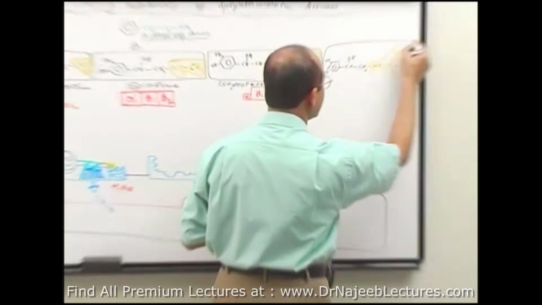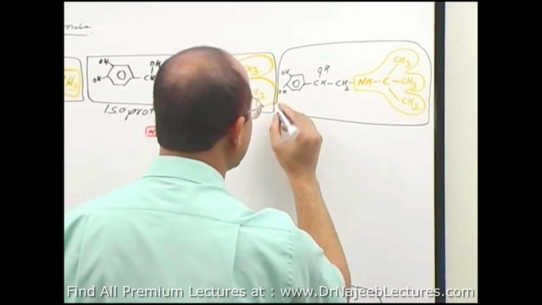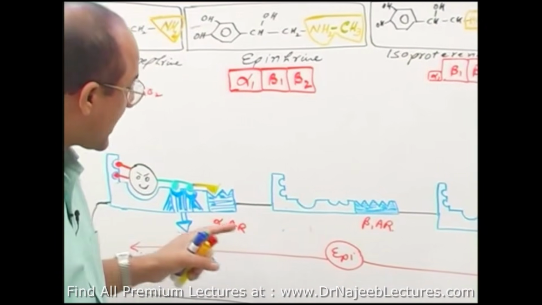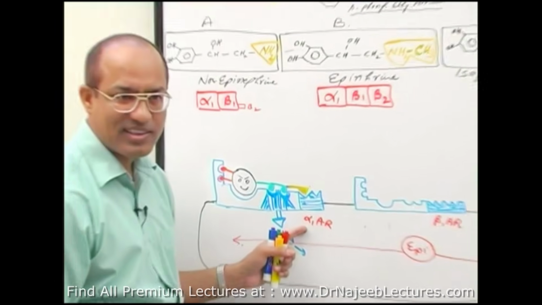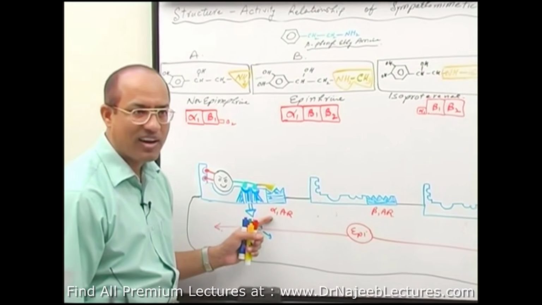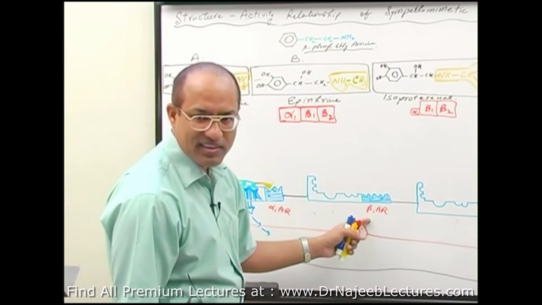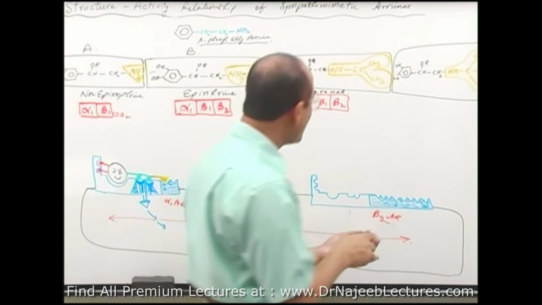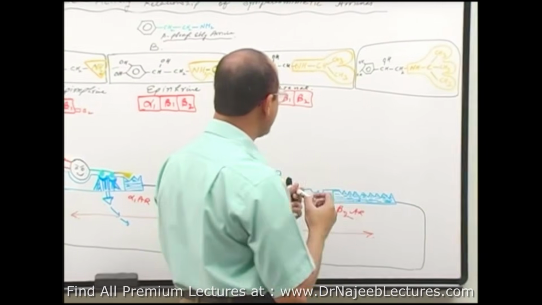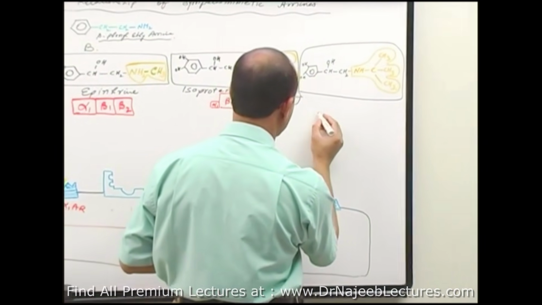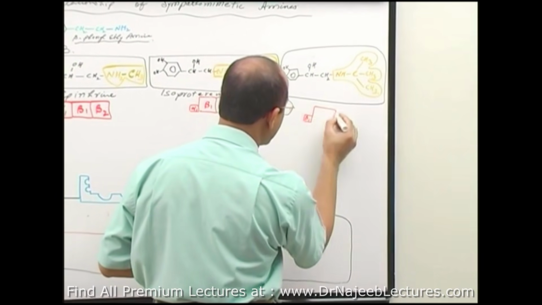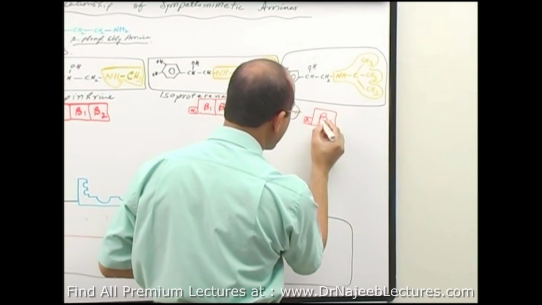It is so heavy that it will bind with beta 1 weakly, because beta 1 cannot accommodate, and alpha 1 cannot accommodate such a heavy amino substitution at all. Beta 1 binds it very little and beta 2 action remains very strong. So now this drug with very heavy amino substitution has very little beta 1 action, but the real action is beta 2.